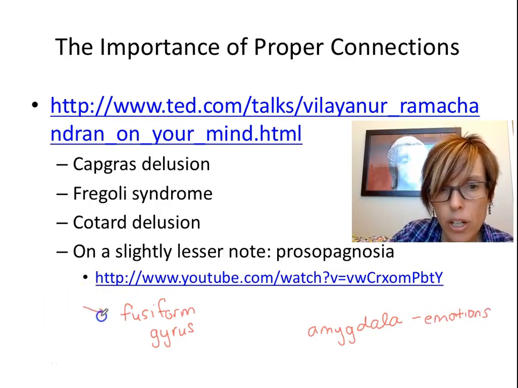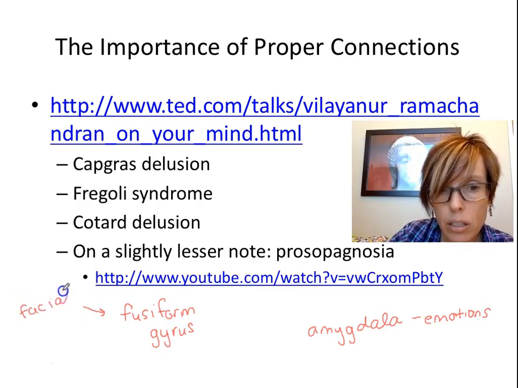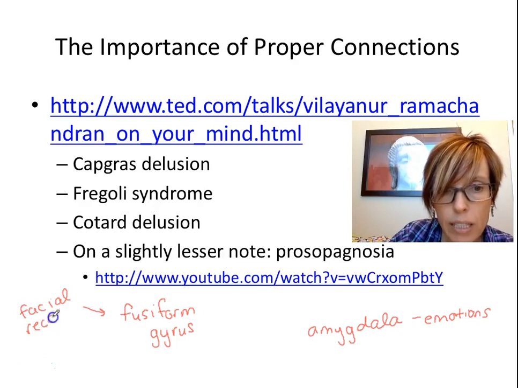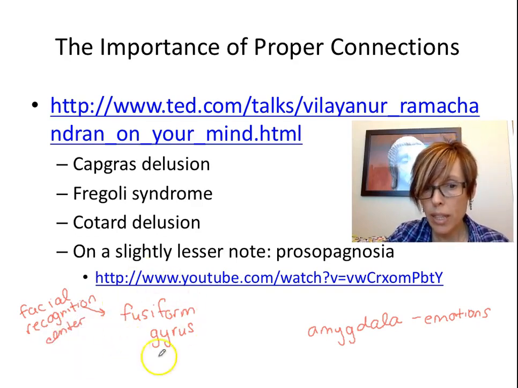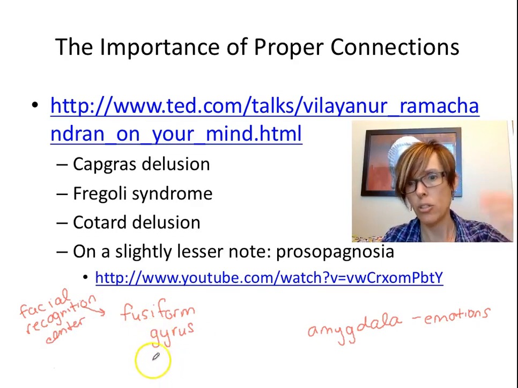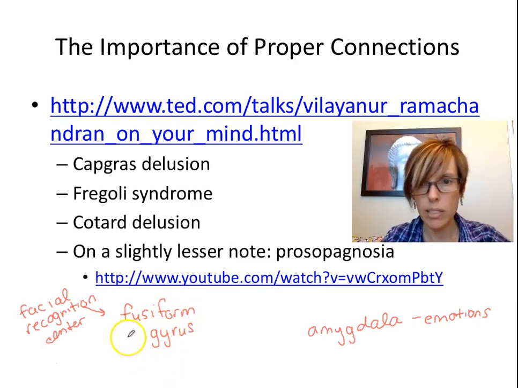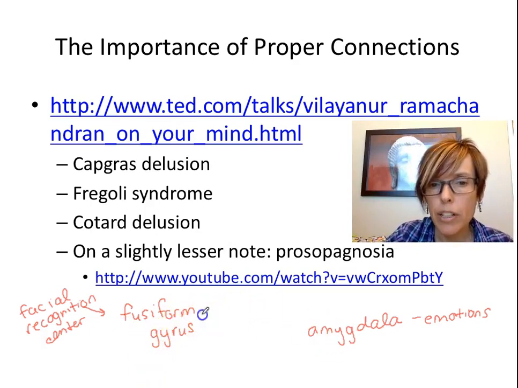And this fusiform gyrus is our facial recognition center. Okay. So this brain region is what allows you to recognize someone as your mom, your dad, sister, brother, teacher, classmate, whatever. And these two brain regions have very important connections between the two.